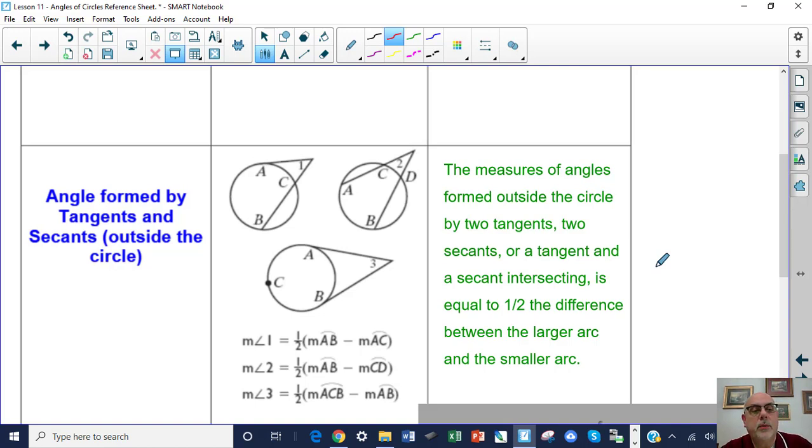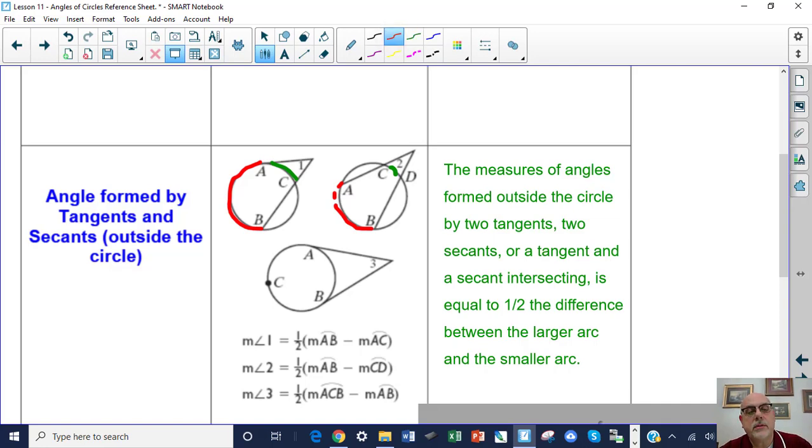So here it would be that arc minus that arc and divide by 2. That's with a tangent and a secant. When you have two secants, it's that arc minus that arc and divide by 2.